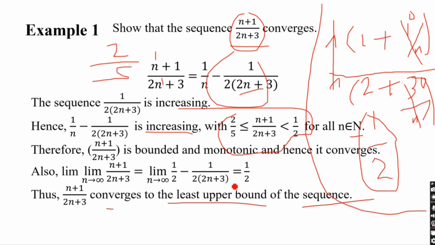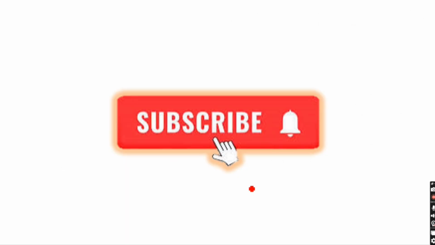So we have seen this sequence is increasing and converges to the least upper bound of the sequence, which is 1/2.